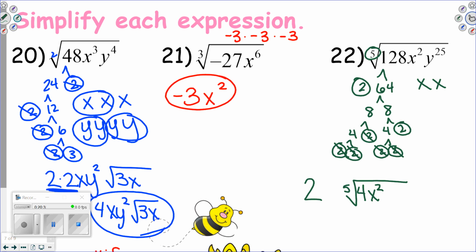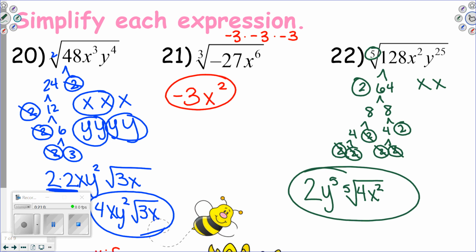Whatever the index is, that stays. And then how many groups of 5 can you take from there? 5. So that's y to the 5th. So the 128, I did my factor tree.